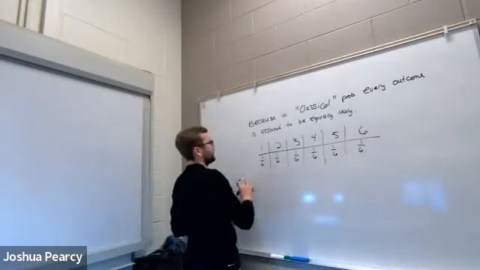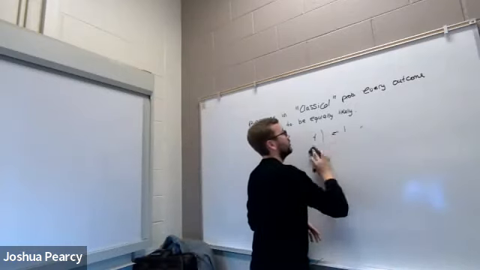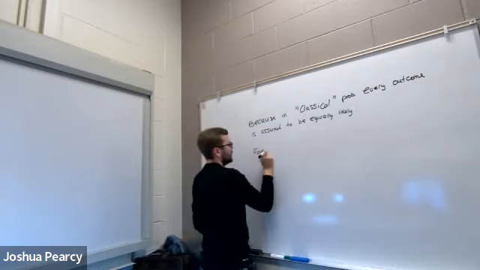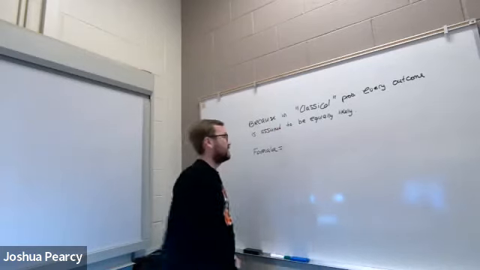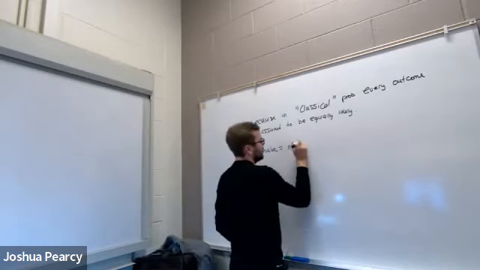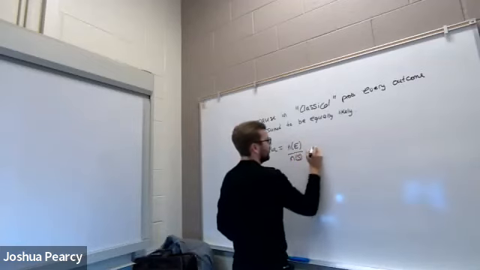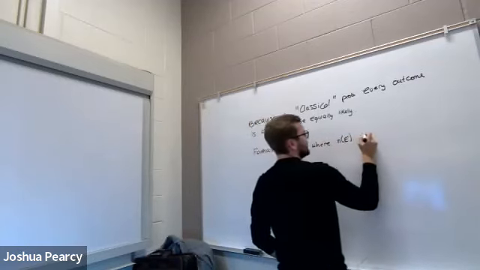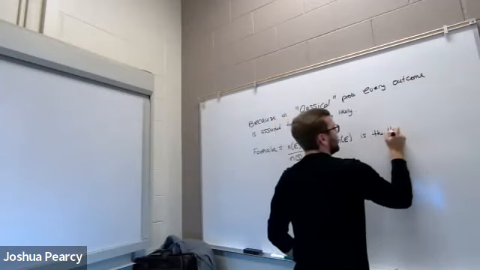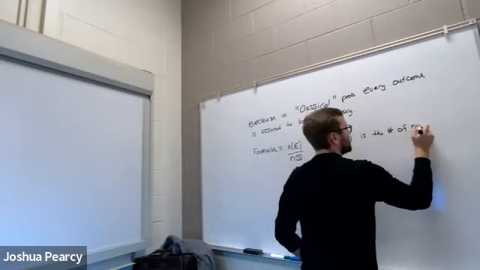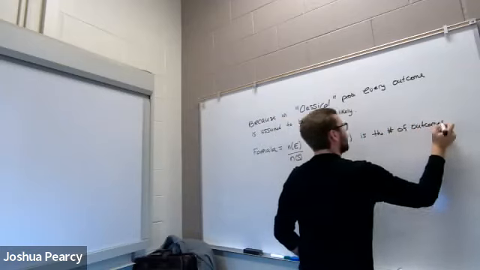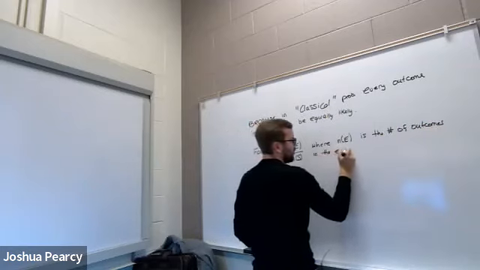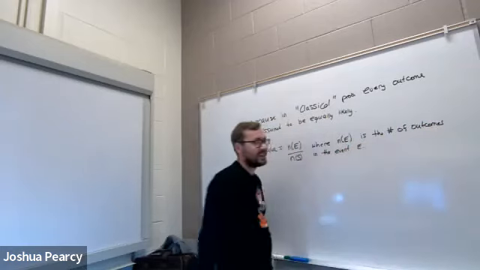The classical probability formula is P(E) equal to NE over NS, where NE is the number of outcomes in the event E, and what do you think NS is?